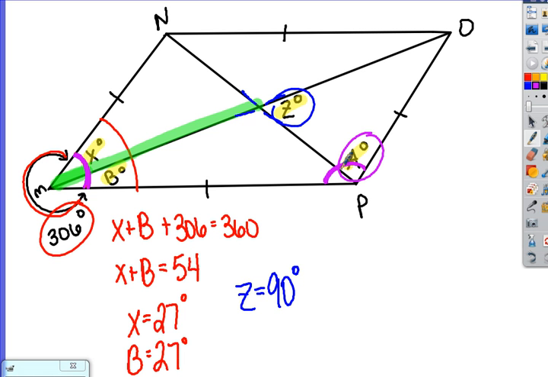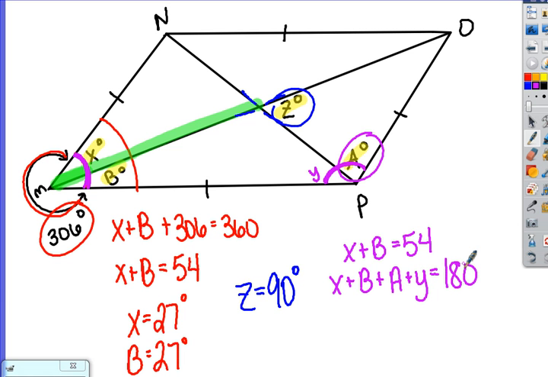Now, we know that X plus B is equal to 54. We know that X plus B plus A plus this other little angle we'll call Y, all 4 of those angles are going to add to equal 180 degrees because they are consecutive. They're right next to each other.